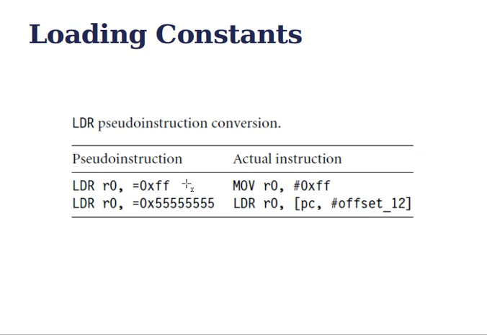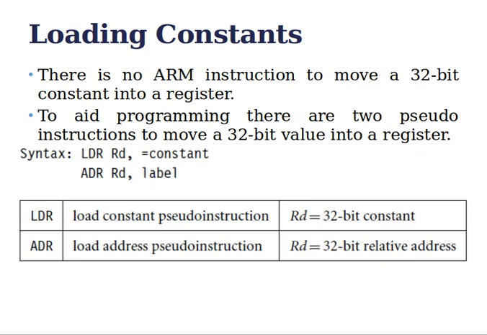The difference here is that this number is out of range, so we did not translate this into a move. We cannot move a 32-bit constant, as mentioned here, and there is no ARM instruction to move a 32-bit constant into a register. For that sake, we take the help of a pseudo instruction.